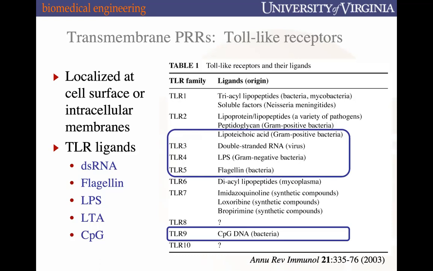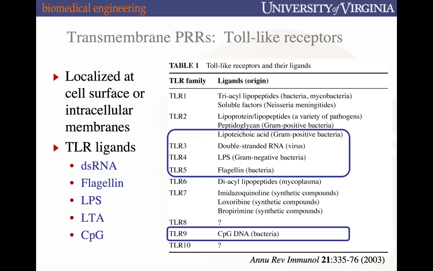Then it was discovered in people, and for lack of a better name, they were called toll-like receptors. Toll-like receptors are a huge, important family of pattern recognition receptors that are expressed to different degrees across almost all immune cells. Some are at the cell surface, some are intracellular, depending on what they recognize.